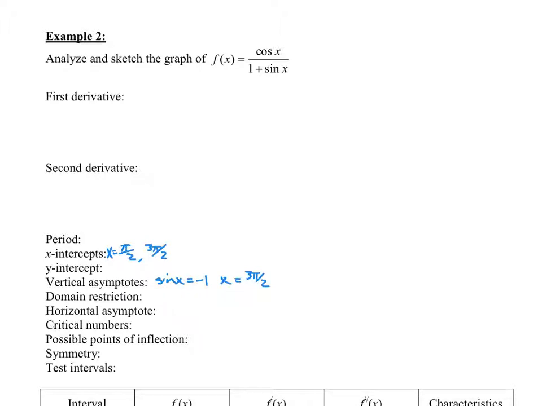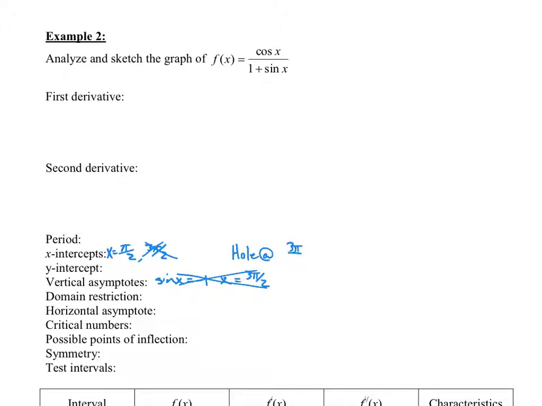So this is actually not an x-intercept. It's not an asymptote, it's not an x-intercept, there's going to be a hole at 3 pi over 2.